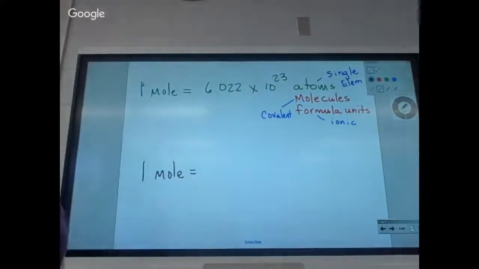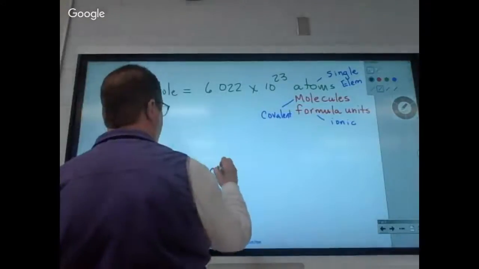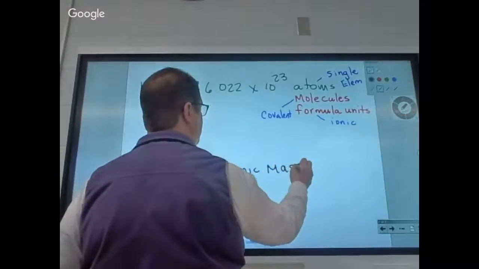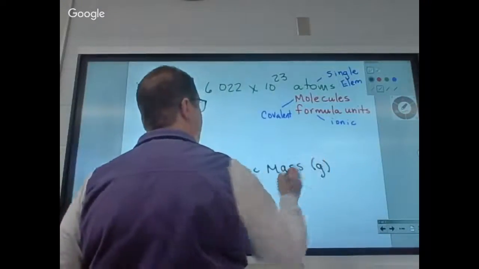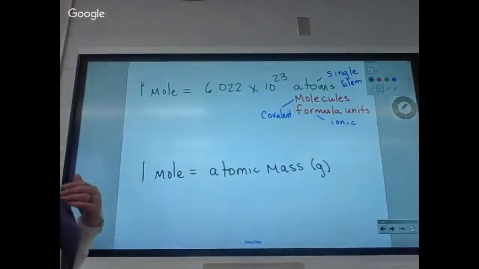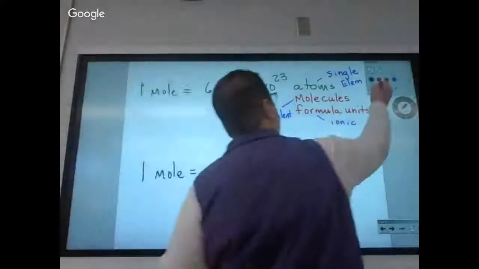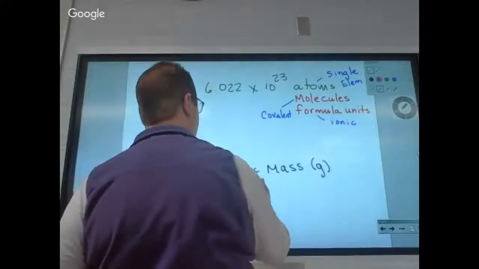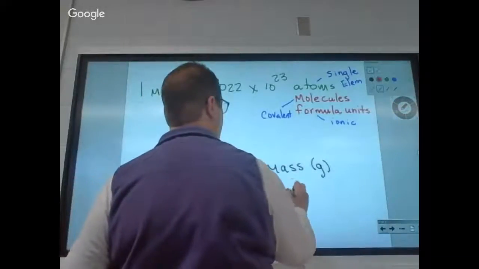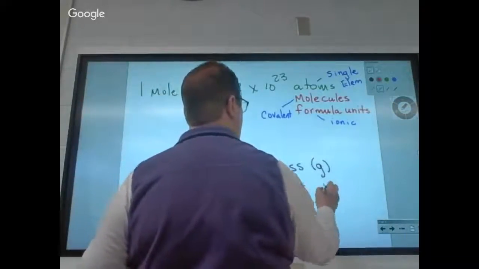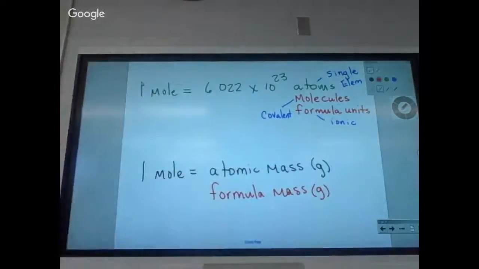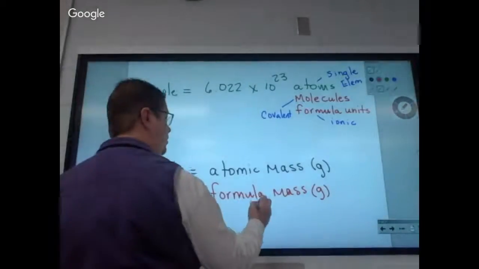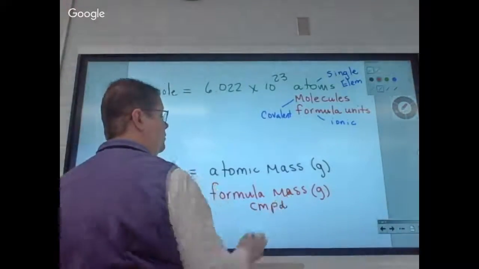Now, 1 mole is also equal to atomic mass in grams. Now, based on what we just did today, 1 mole is also equal to formula mass in grams. Okay? Because now we know how to do this for a compound.